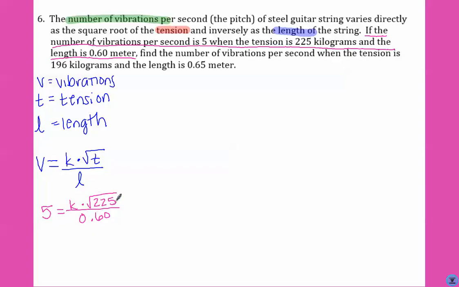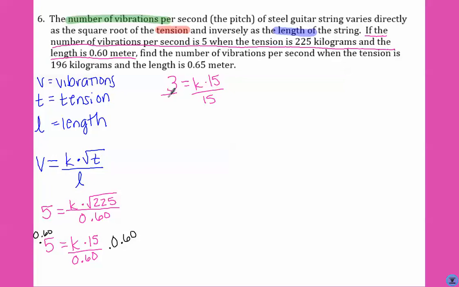To solve, I'm going to simplify the square root first. 5 equals K times 15 over 0.6. Multiply both sides by 0.06. We get that 3 equals K times 15.